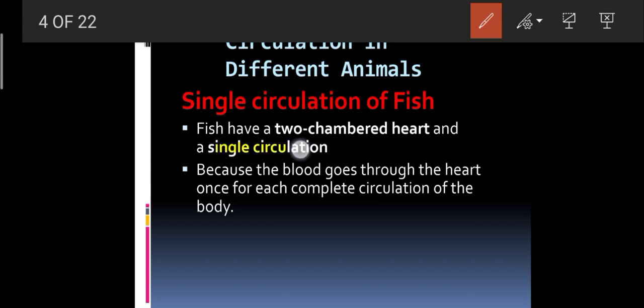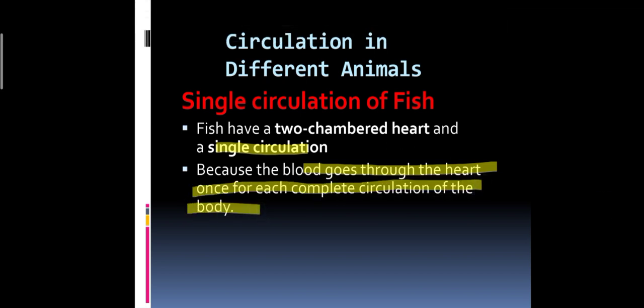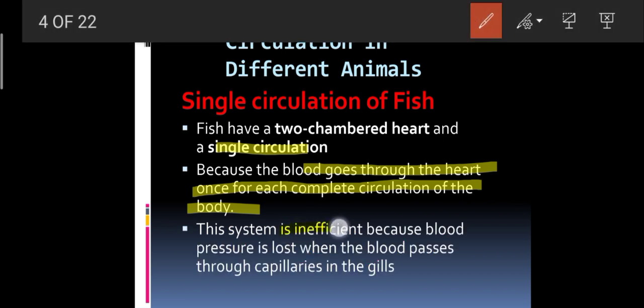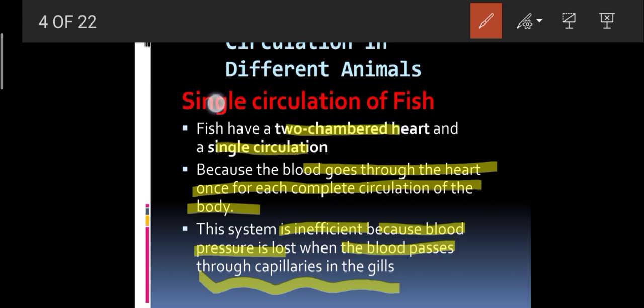Because the blood goes through the heart once for each complete circulation of the body. And this system is inefficient. Why is it inefficient? Because blood pressure is lost when the blood passes through the capillaries in the gills. So fish is an animal with a two-chambered heart and single circulation.